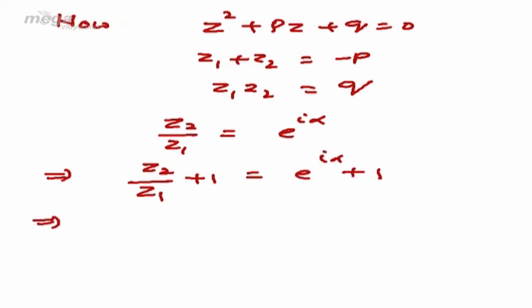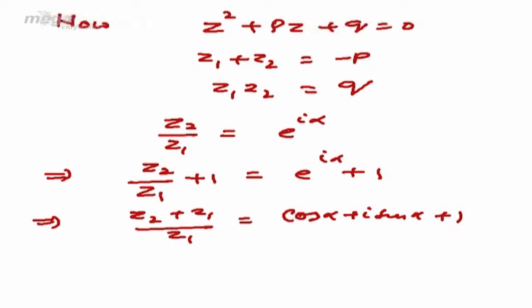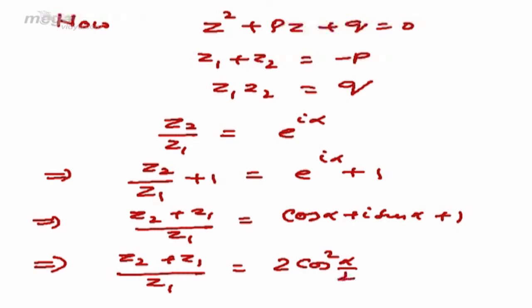You can write it like this: (Z2 plus Z1) by Z1 is equal to cos alpha plus i sin alpha plus 1. This can be written as (Z2 plus Z1) divided by Z1 is equal to cos alpha plus 1, which can be written as 2 cos square alpha by 2, plus i sin alpha, which can be written as 2 sin alpha by 2 cos alpha by 2.